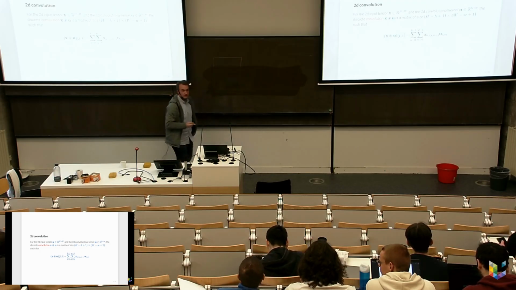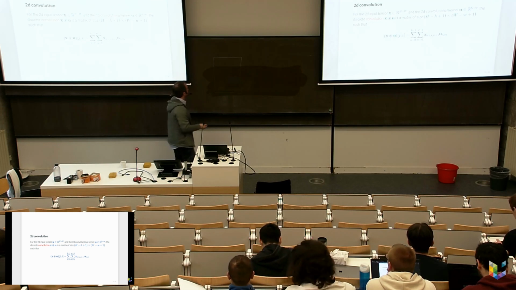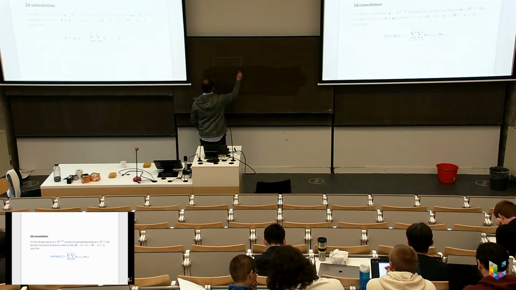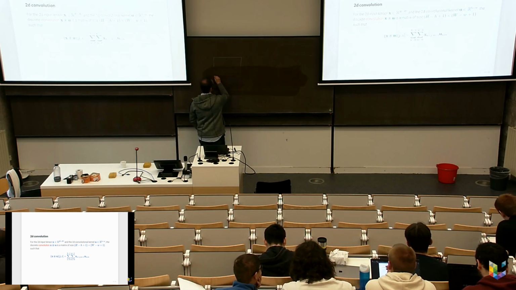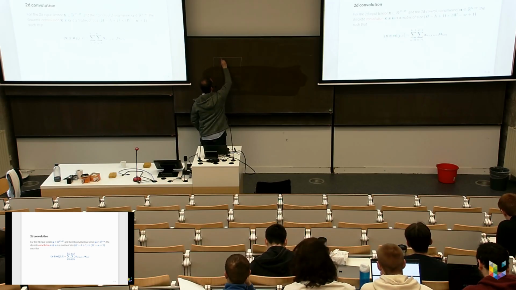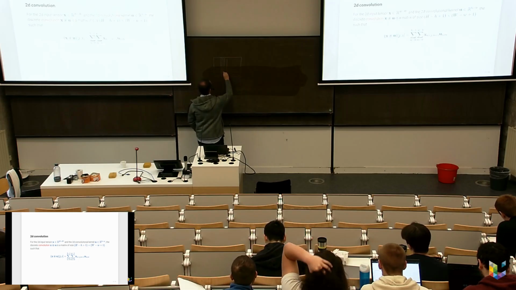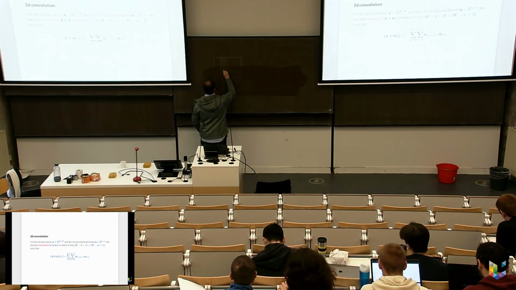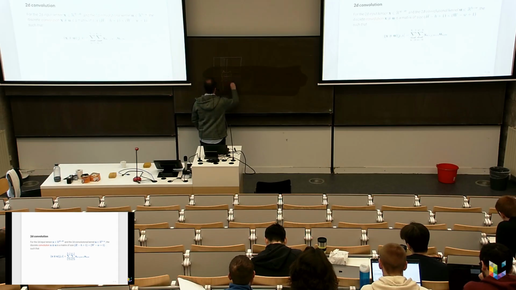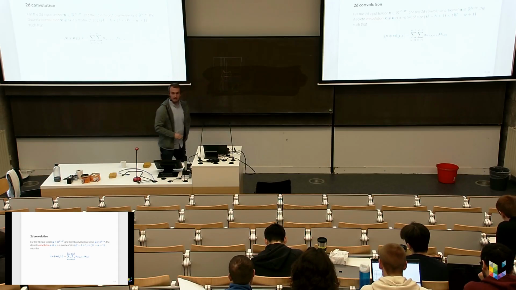So let's say this is the input image. It comes with many pixels. I will not draw everything. And then we have maybe a cat like this. That's your image.